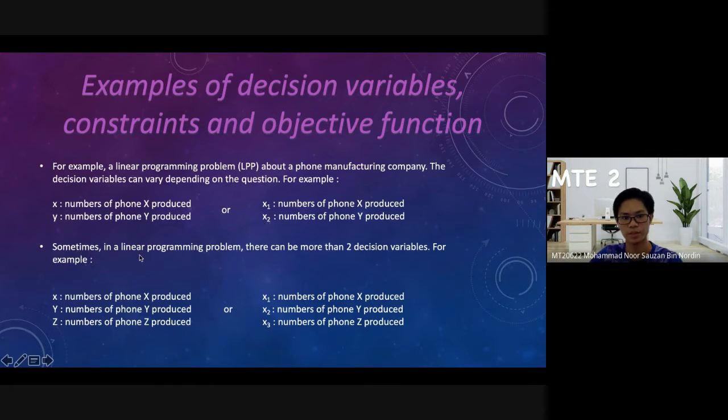Sometimes in a linear programming problem, there can be more than two decision variables. For example, x numbers of phone X produced, y numbers of phone Y produced, and z numbers of phone Z produced. Same with the first one, you can change the x, y, and z with x1, x2, and x3, meaning that there are three decision variables in the linear programming problem.